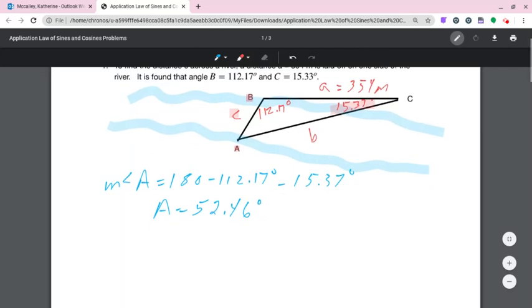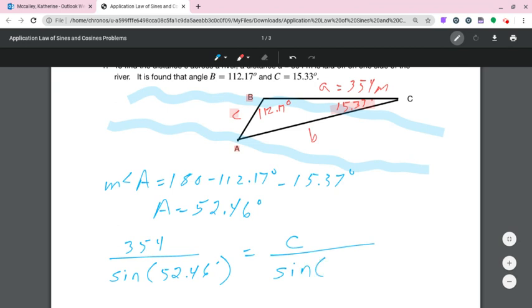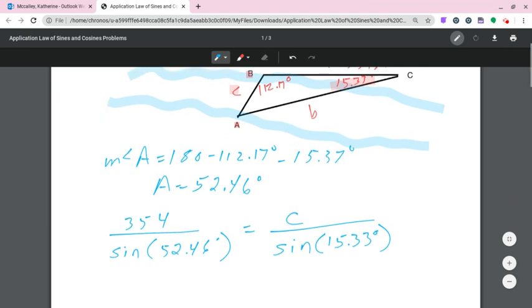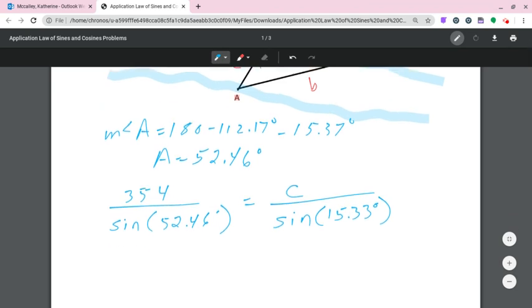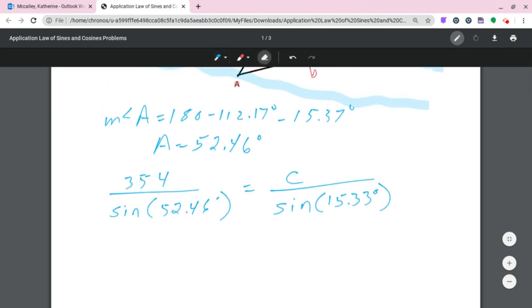Now I can set up my ratio so I can use law of sines. I can say a, which is 354 meters, over the sine of angle A, which is 52.46 degrees, is equivalent to little c over sine of 15.33 degrees. All right, guys? Now I can cross multiply.